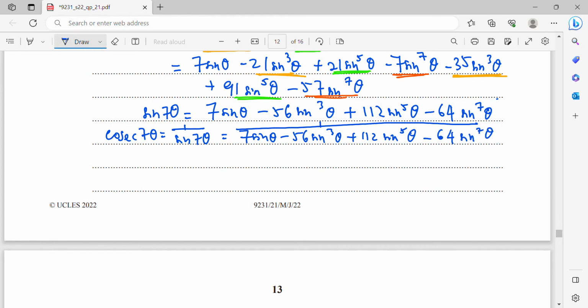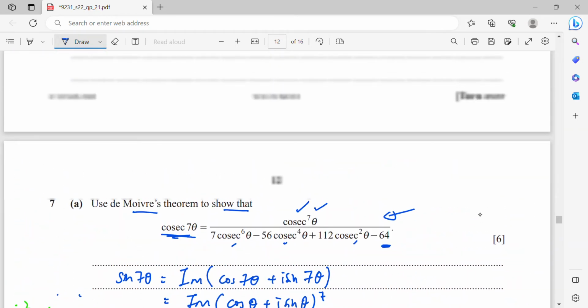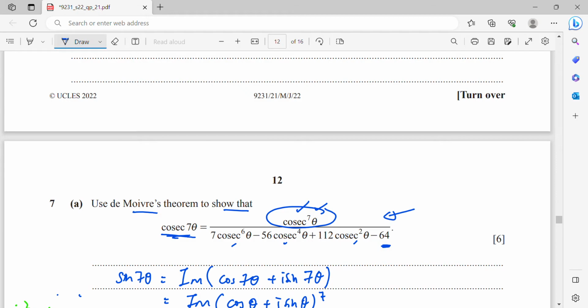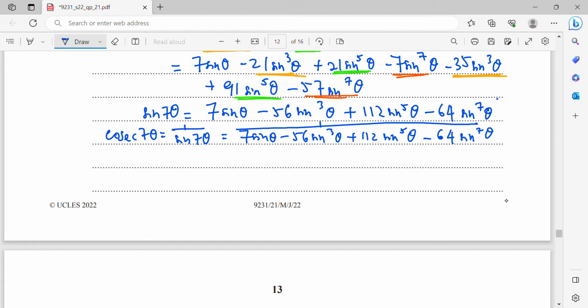Okay, you take 1 inverse. But then how do I get cosec power 7? So cosec power 7 means that this is 1 over sine power 7 theta. Okay, so now when you look at the working here, I get only 1.